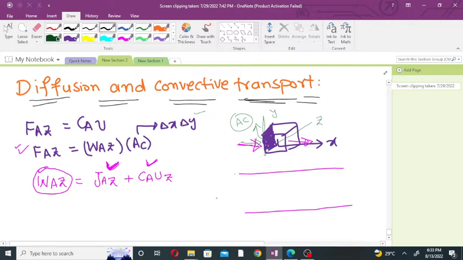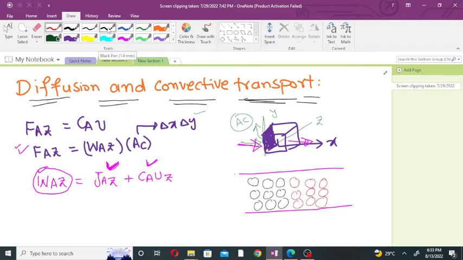One is component A. These are the molecules of component A. The black ones show the molecules of component A, and the red ones show the molecules of component B. The black shows component A and the red shows component B.